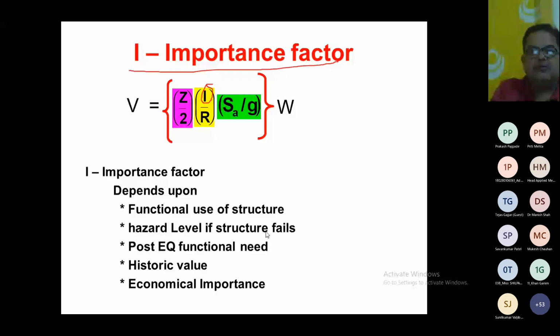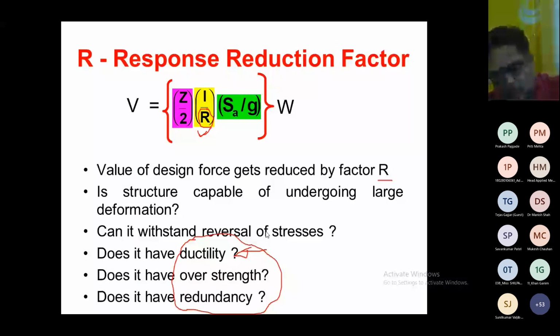This is the way we are designing. Again, earthquake resistant design is not a strength based design. It is based on the energy absorption capacity of a structure, so ductility is a very important part of it.